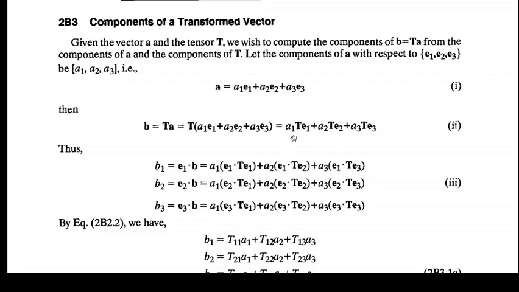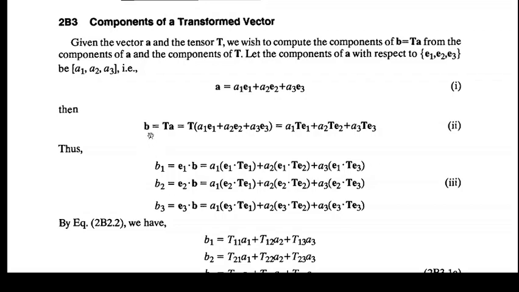Now A1 is a scalar, so we can take this out and write A1 into E1 dot TE1, because E1 is a vector and TE1 is also a vector, so the dot product is between two vectors, E1 and TE1. So we can write A1 into E1 dot TE1 plus similarly A2 into E1 dot TE2 and A3 into E1 dot TE3. Now this is your B1.